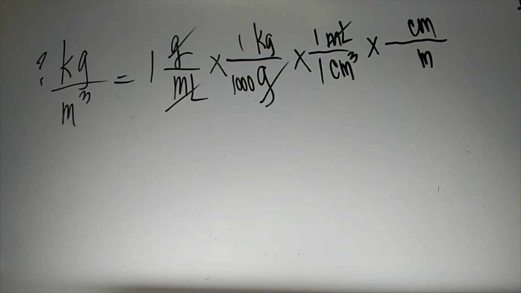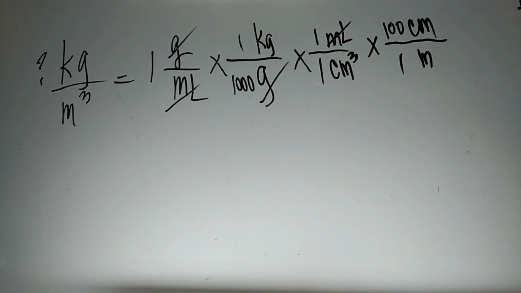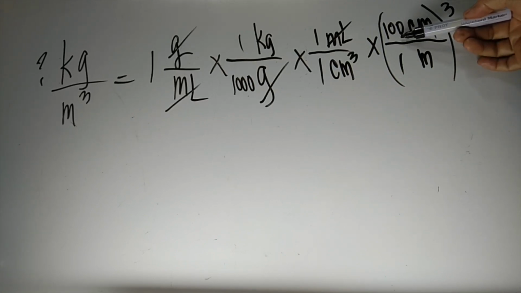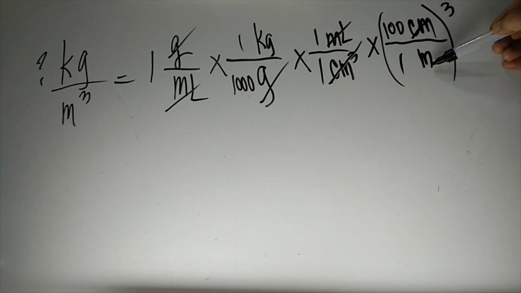The relationship of which is, for every meter, it has 100 centimeters. This is cubic centimeter. So, we should raise the conversion factor to the third power also. So, this will become 100 raised to the third power, centimeter raised to the third power, and this one to the third power. So, this will cancel. So, the remaining unit will be kilogram per meter cube. So that means we are done.